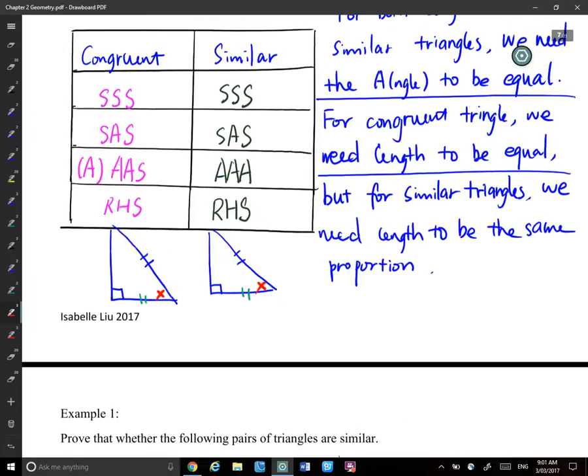But let's think about why RHS will work. If you know the hypotenuse, you know one length. By Pythagoras, you will know the third length, right? So two right angle triangles, hypotenuse equal, side equal. By Pythagoras, the third one must be equal as well. Actually, it goes back to the SSS case.